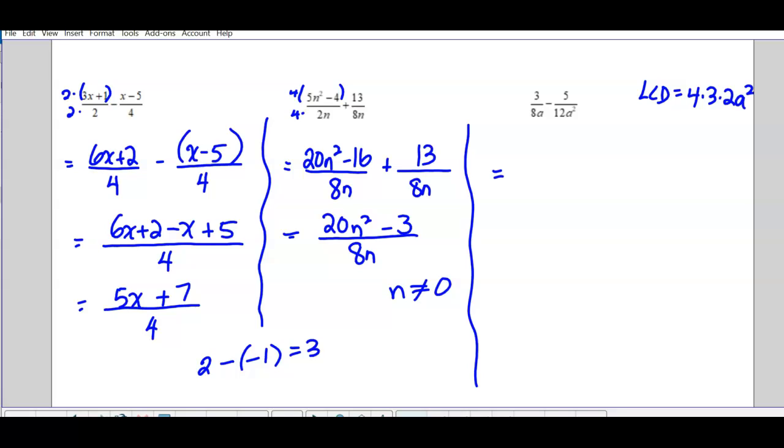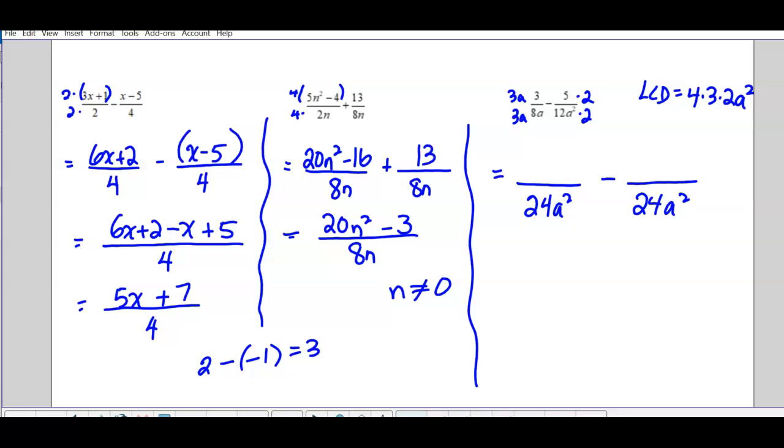Highest degree, so highest exponent on the variable. So this will be 24a squared, this will be 24a squared. Okay, so this one I have to multiply by 3a, and this by 2.